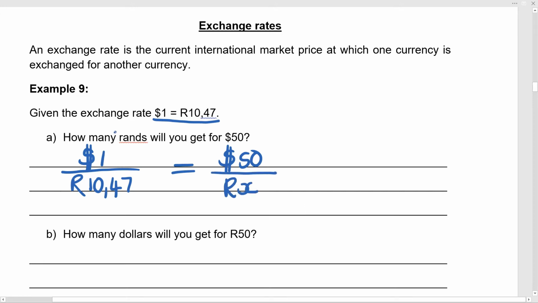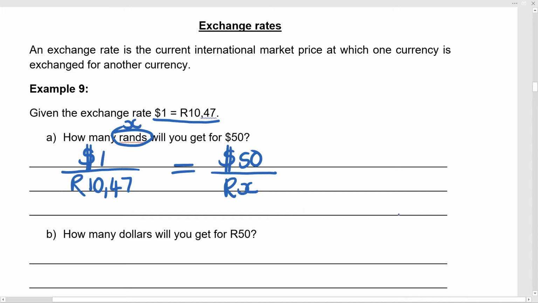So the rands get the X. And when you cross multiply, it is because you have one fraction equals another fraction. And this works for any kind of conversion that involves just two different quantities. So I'm saying dollars over rands equals dollars over rands, and I want to know what that rand amount is.